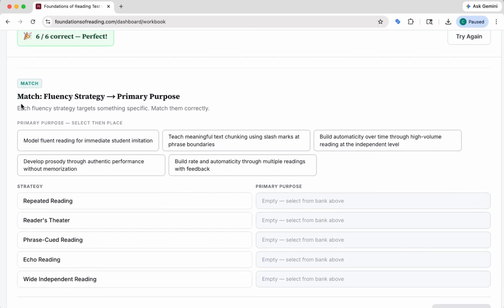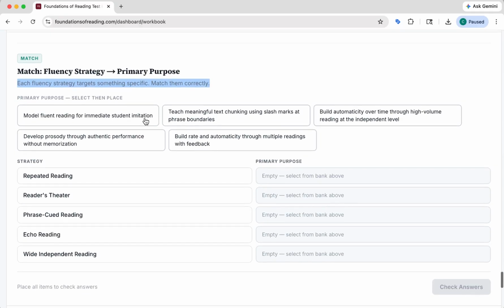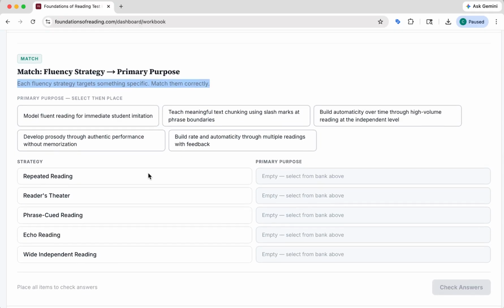All right, match. Fluency strategy, primary purpose. Each fluency strategy targets something specific, and on test day, you're going to need to be able to identify the most appropriate response. So here we have the strategy that the teacher would implement, and here we have the purpose of why they would need to.